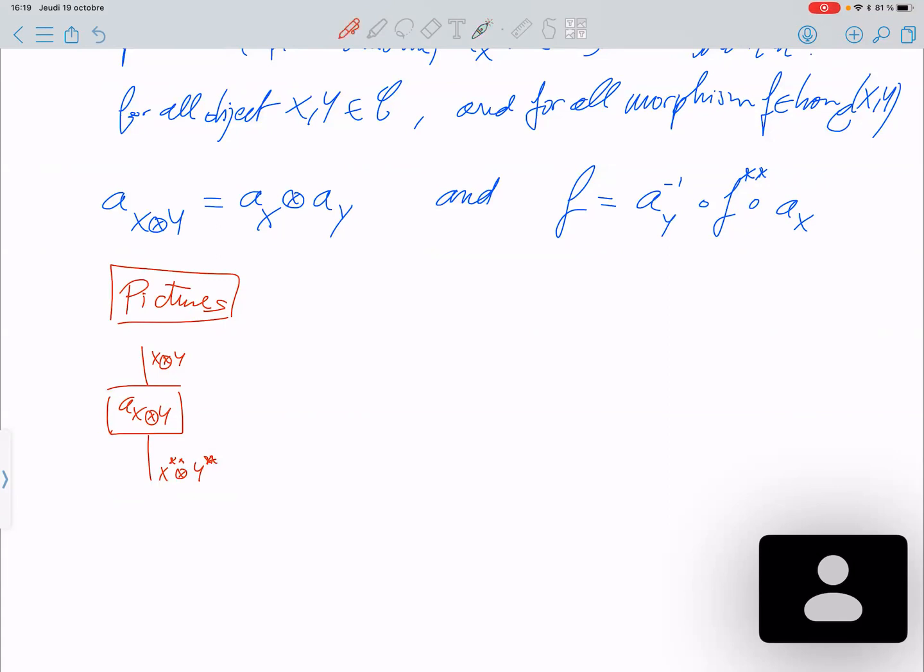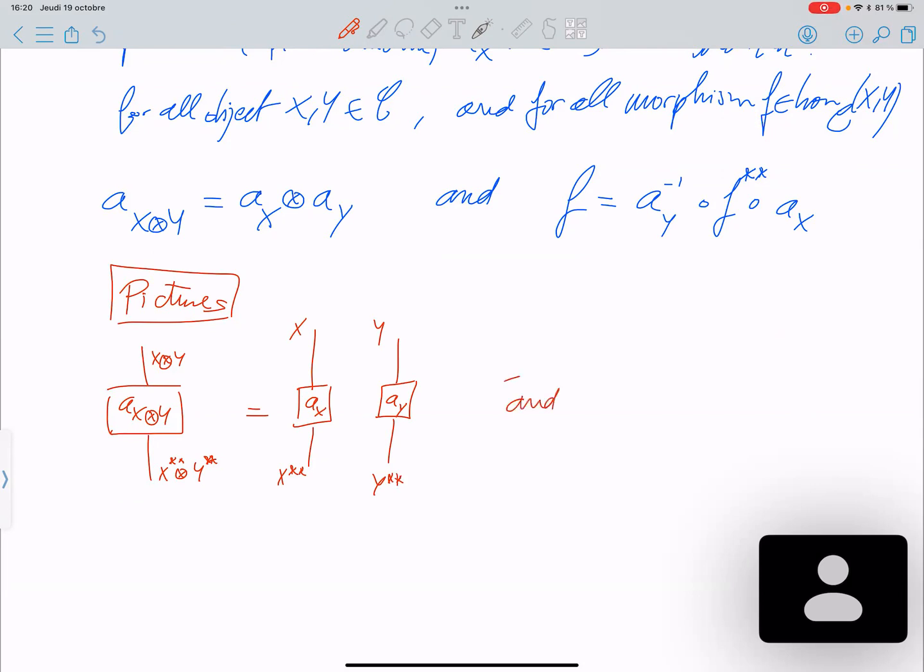And so the picture here is as follows. How you draw the tensor product of morphisms, you just put them together in parallel like that. X double star, Y double star.